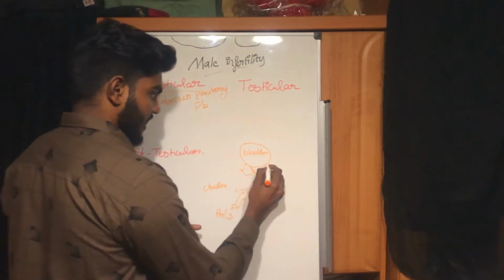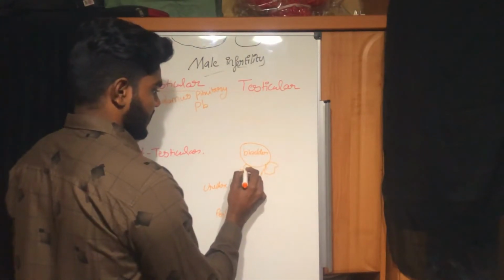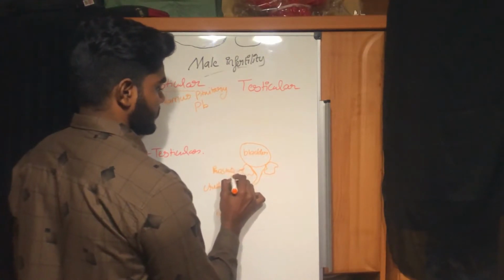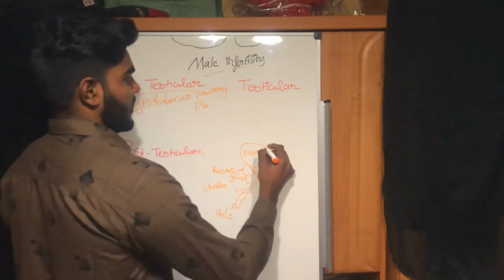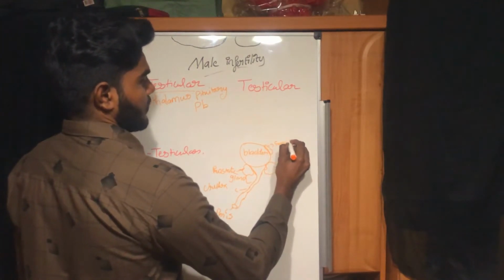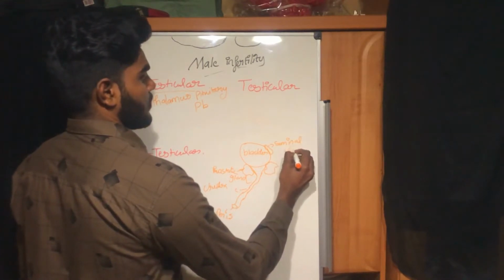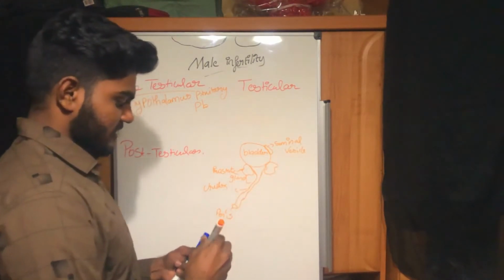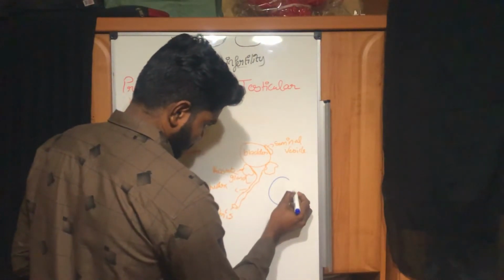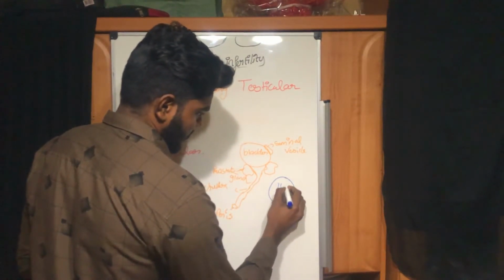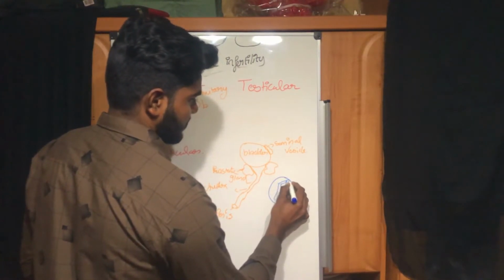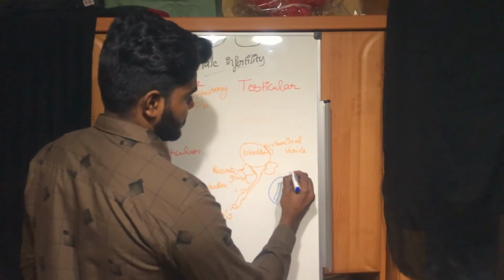And there is one gland that is specifically present in the male, that is the prostate gland. This is the prostate gland, and here you can see the seminal vesicle. Now this is the testis, and here a lot of branches help in the production of sperm. Finally sperm is collected and comes here, that is the epididymis.